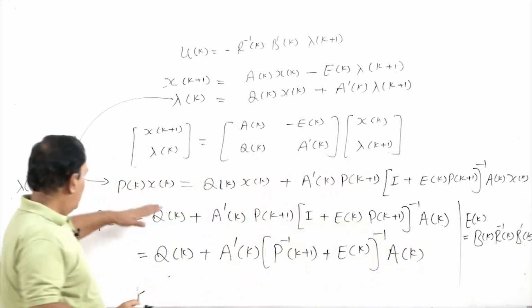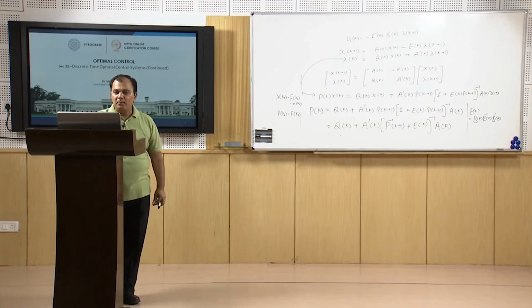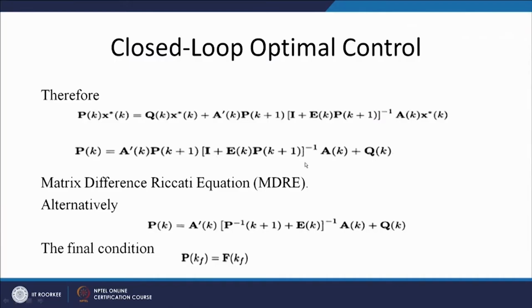So, any form we can take, we have pk as A prime pk plus 1 (I plus Ek pk plus 1) inverse Ak plus qk, or pk as A prime k (P inverse k plus 1 plus Ek) inverse Ak plus qk. So, this is my difference Riccati equation which can be solved for pk using the boundary condition pkf equal to f of kf.